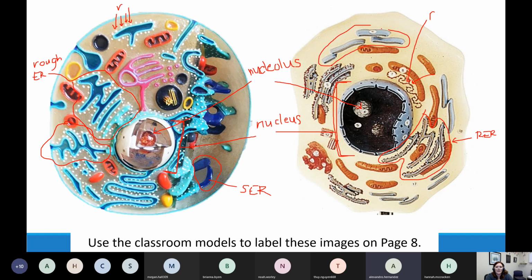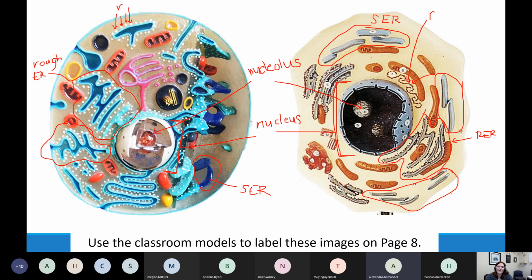We can clearly tell that this is the endoplasmic reticulum, and we can clearly tell that it does not have red spots. So the smooth endoplasmic reticulum, I can see it there. I can see it over here, these flat sacs. I can see more of them down here. If you see these flat sacs without the red dots, that's the smooth endoplasmic reticulum. The sacs that have the red spots, that's the ones that are the rough ER.